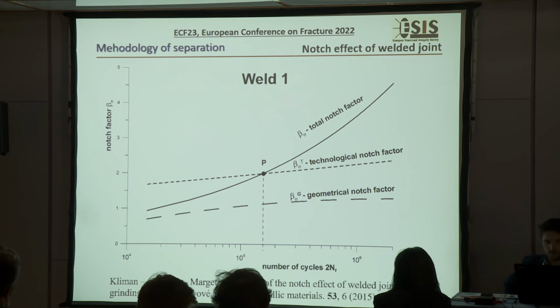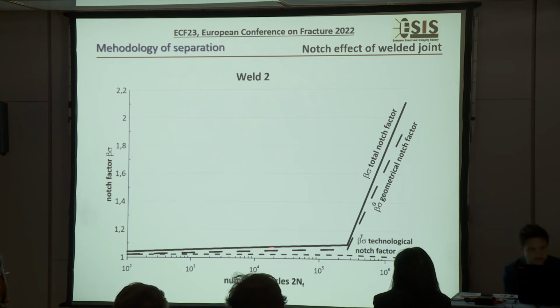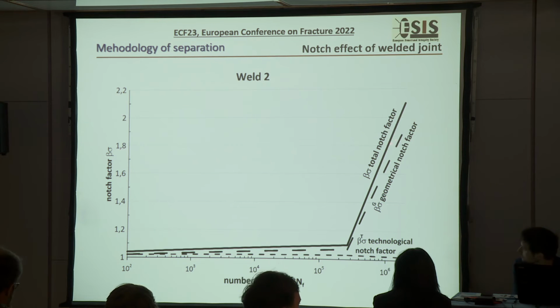This is the second weld. This is the best weld. It's also possible to express this line like one line in power kind, but these two parts have a better coefficient of correlation. Also this is the line for the total notch factor.